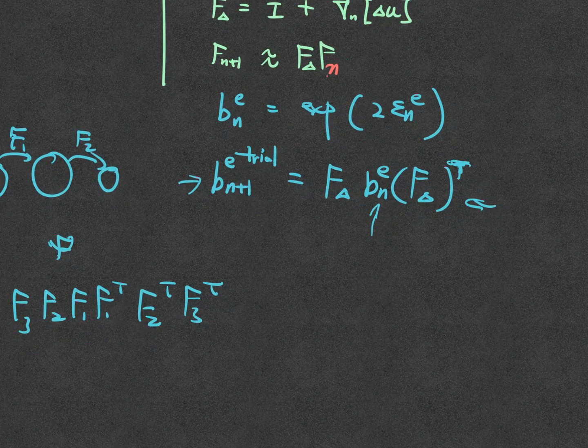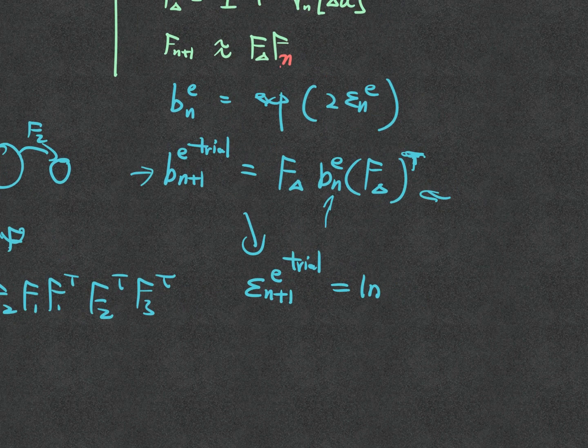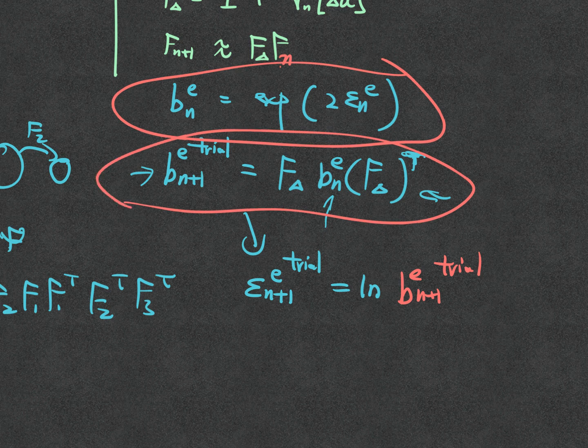The next step is to calculate this trial stress, and then I apply the logarithm to convert this expression in the reverse order, but now at time n plus 1. That gives me b^e_{n+1} trial, which I compute here. Does that make sense?